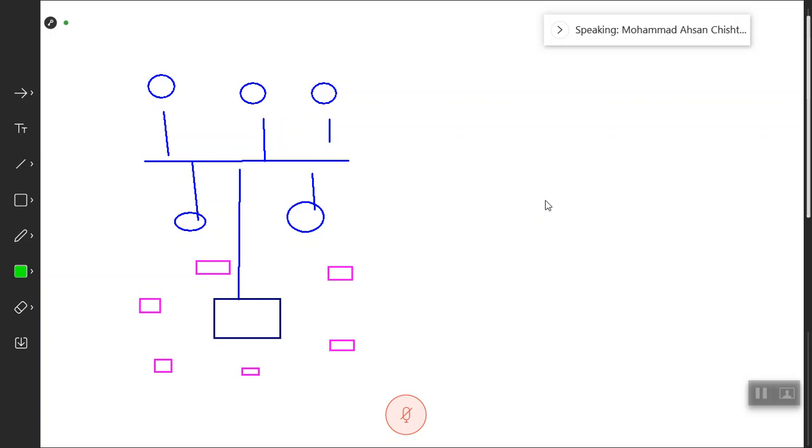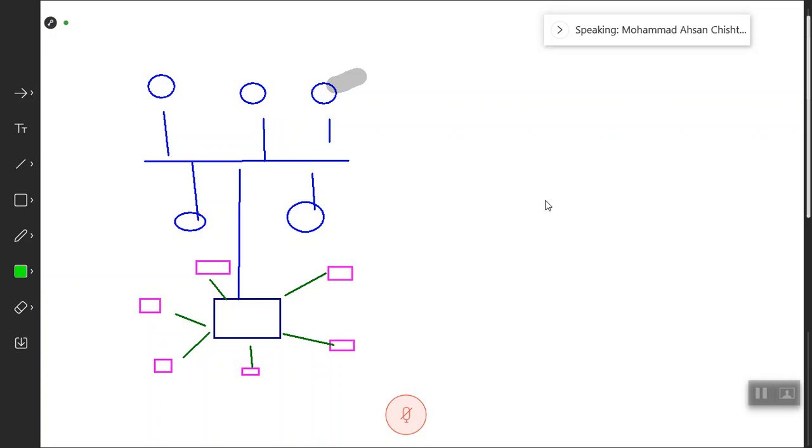So a mixture of any two networks would constitute what we know as a hybrid network. This is an example of a hybrid network. Any questions?